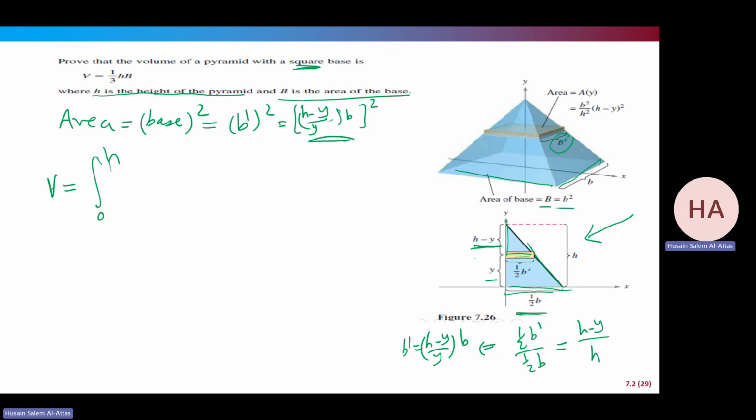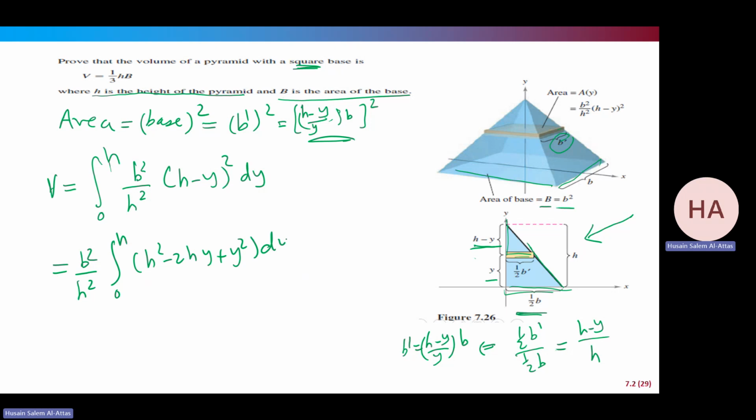This is b squared over h squared, these are fixed values, h minus y squared dy. So I have b squared over h squared times the integral from 0 to h of, open it, h squared minus 2hy. I'm doing the integral in terms of y. So that gives me what?